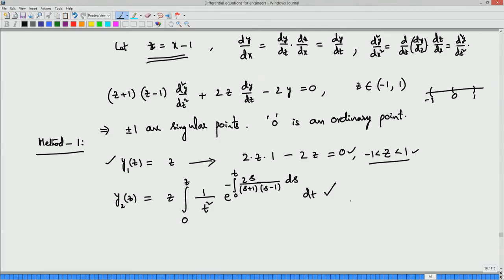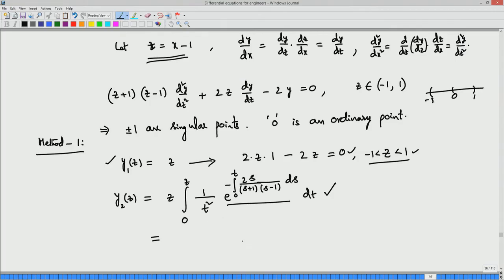So, I have done it, and I can write it directly. You can evaluate this by partial fractions. You first evaluate this integral, then take the exponential of that, and 1 divided by t square, and then you integrate.